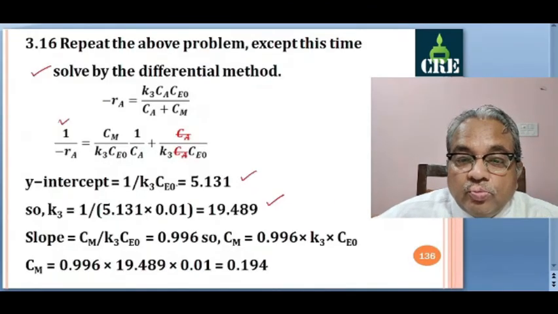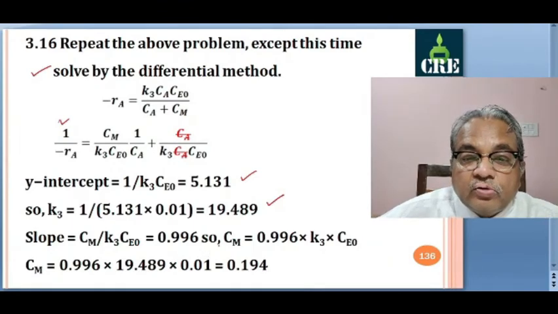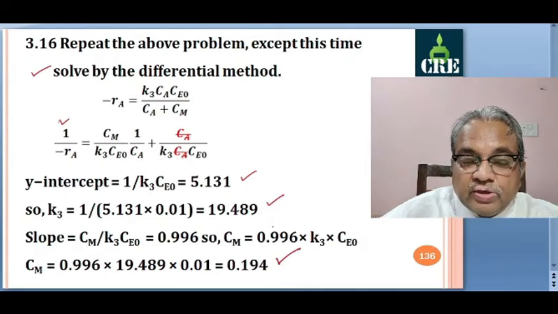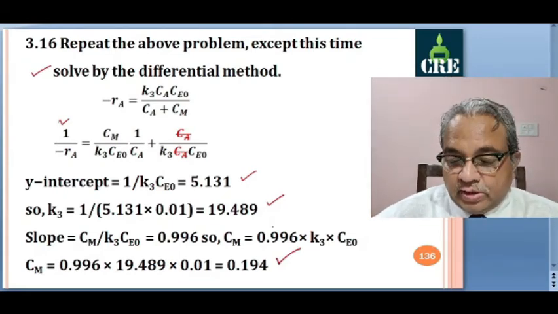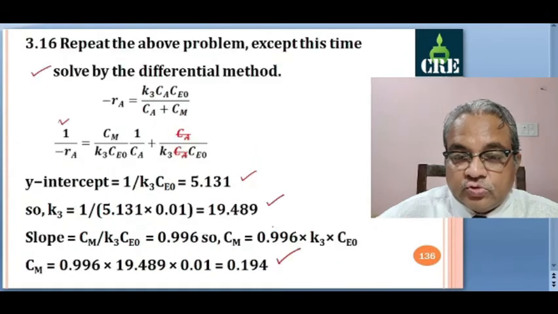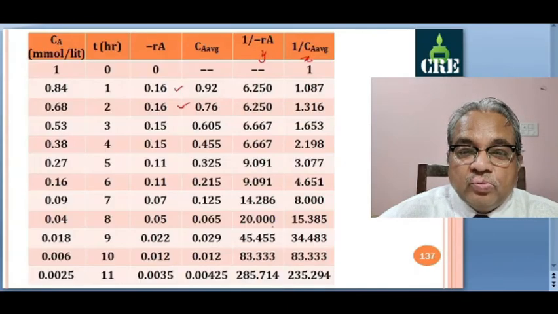So from slope you can find out Cm. So Cm is equal to slope multiplied by K3 multiplied by Ce0. So if I multiply these values, it comes out to be 0.194. So Cm by differential method of analysis is 0.194, and we have found earlier by integral method of analysis 0.1962. So these values by both the methods are almost matching.